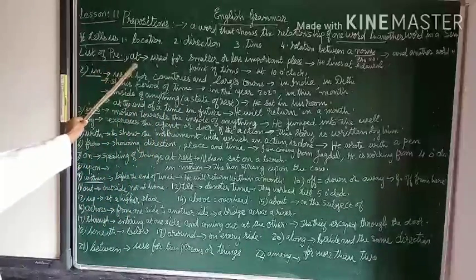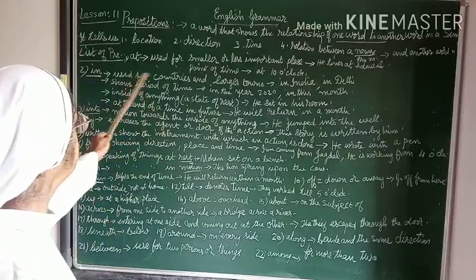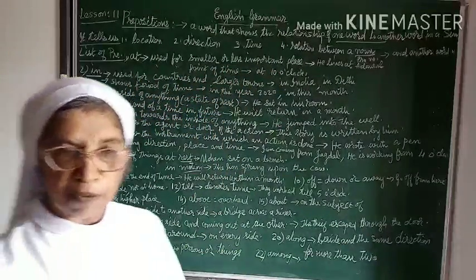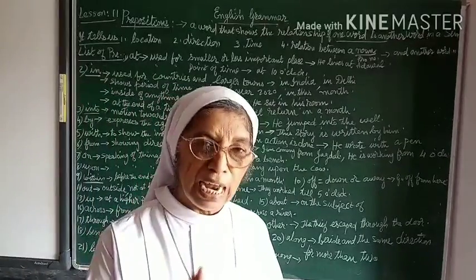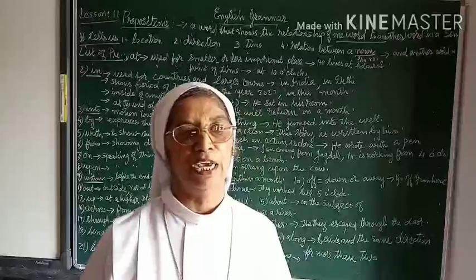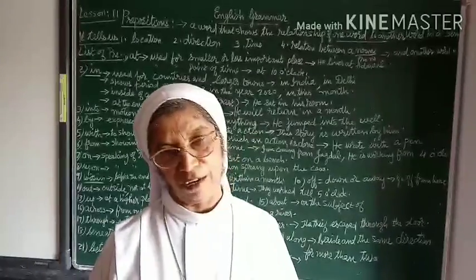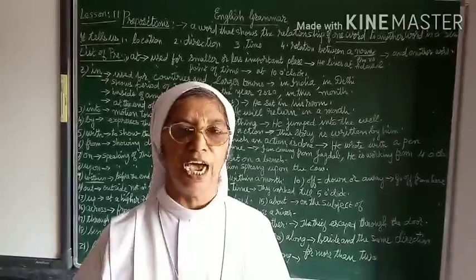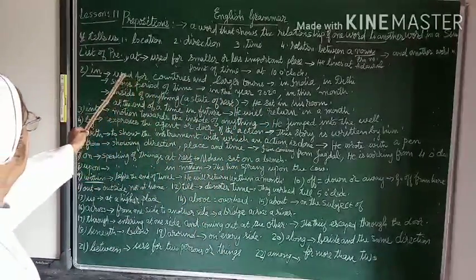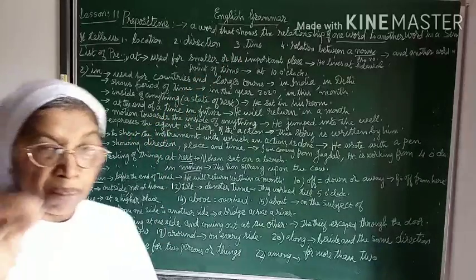At is a preposition which we use very often. At is used for a smaller or less important place. When we speak about smaller places or less important places, we use the word at. For example, I stay at Adaval. Adaval is a small place. Then at is also used for a point of time.